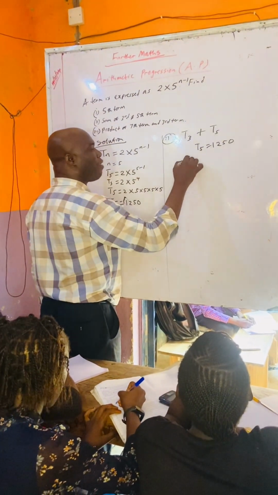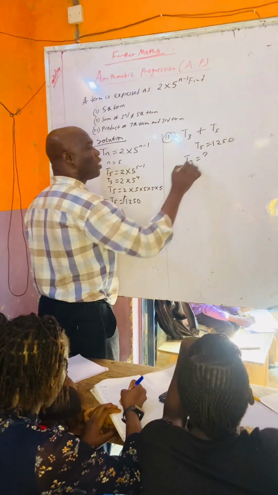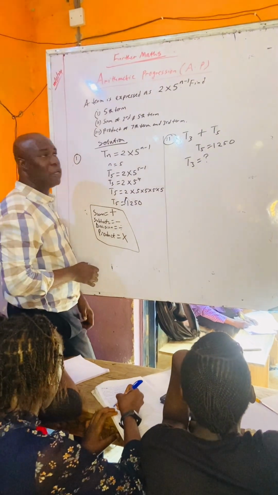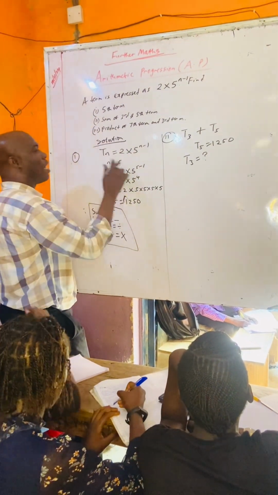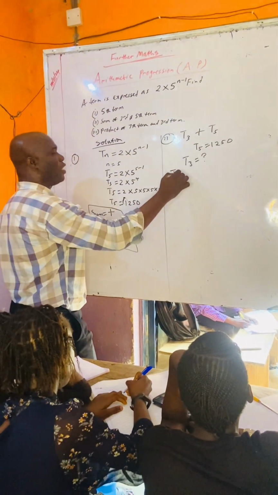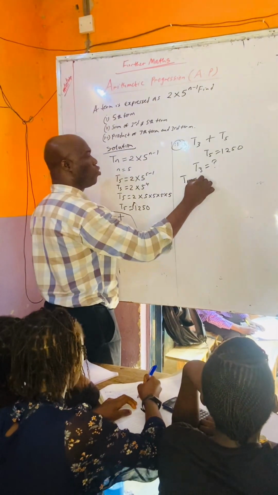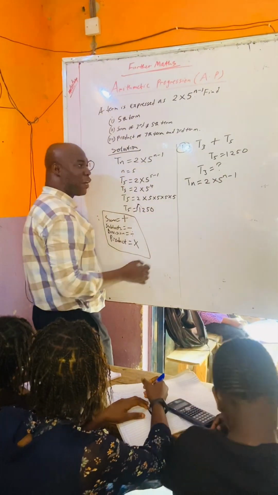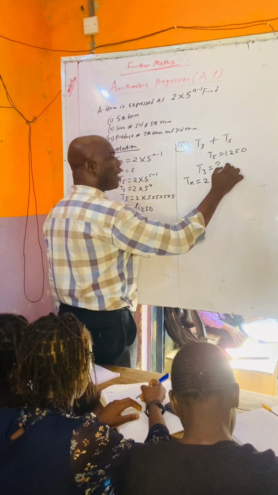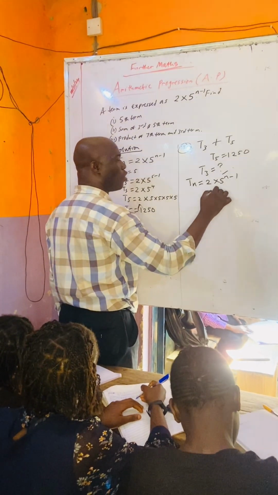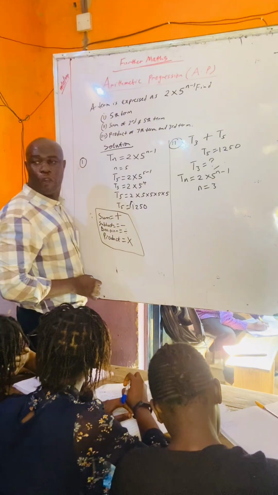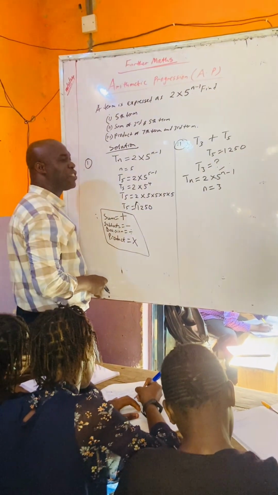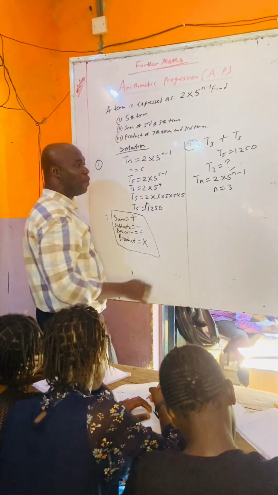So we don't have T3 yet. So bring this down: Tn equal to 2 times 5 raised to power n minus 1. Don't forget, here your n is equal to 3.